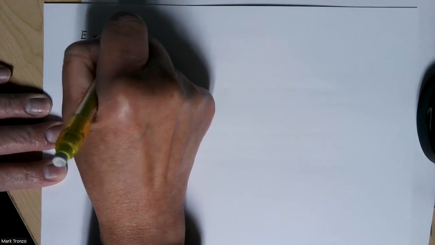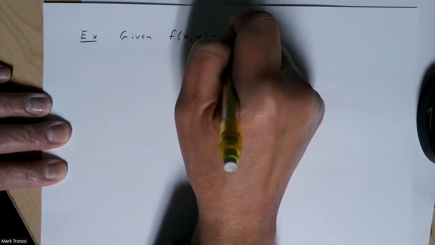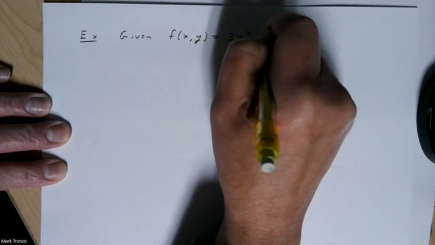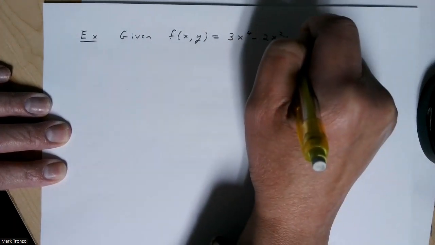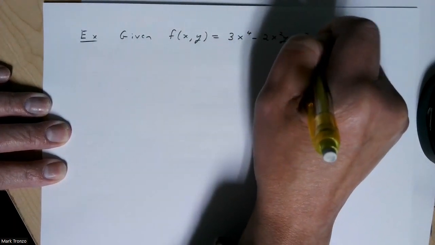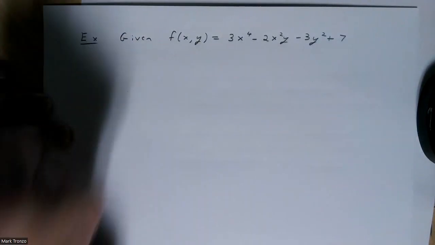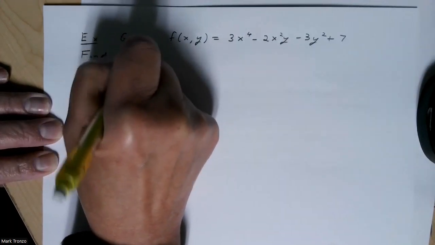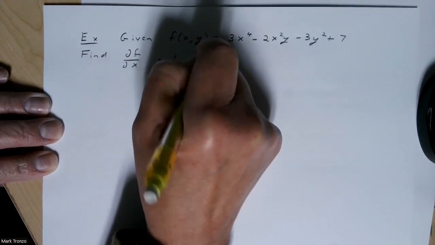So let's say we're given this function. And we're asked to find df dx and df dy.